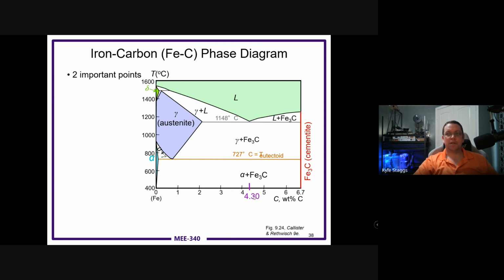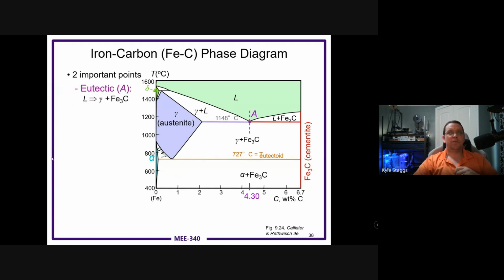So a lot of cast iron is going to land somewhere in this 4.3 range of weight percent carbon because of that. So this is why these phase diagrams are important, because it gives you an idea what the material can do, but also what kinds of processes you can do at some of these different temperatures.